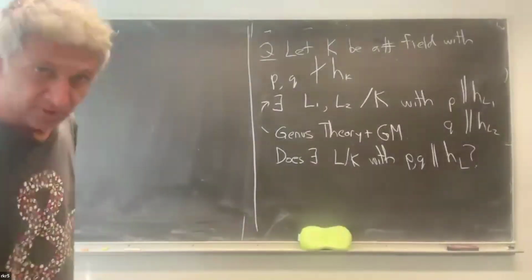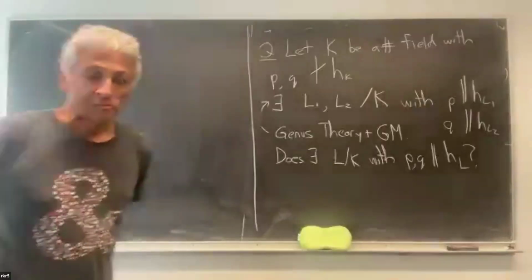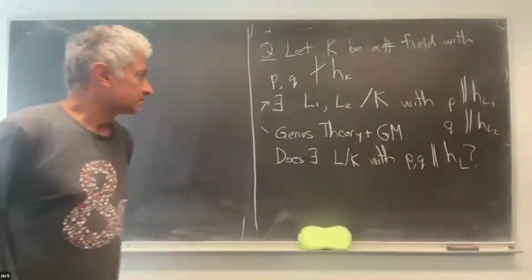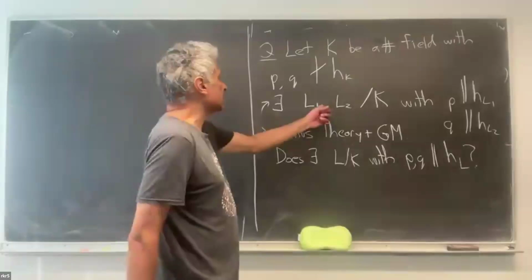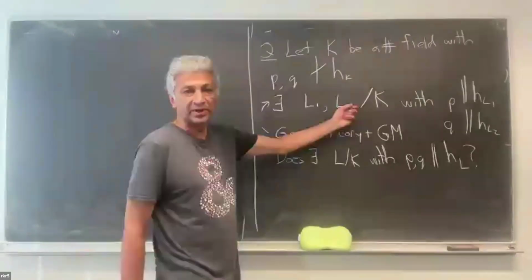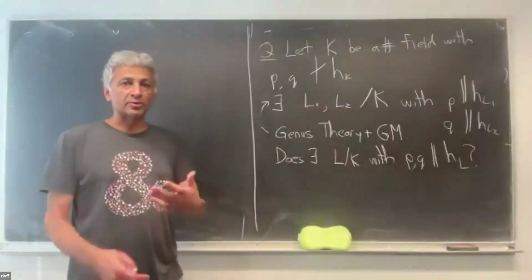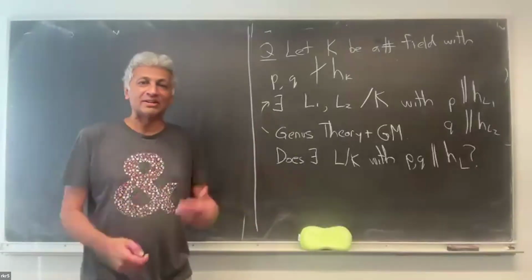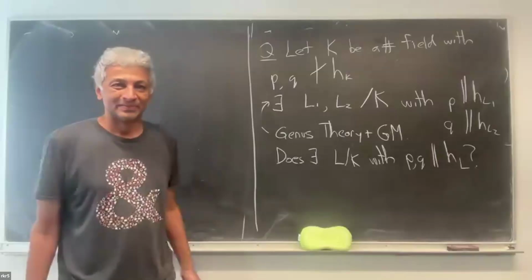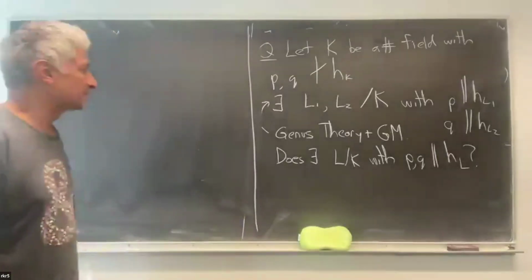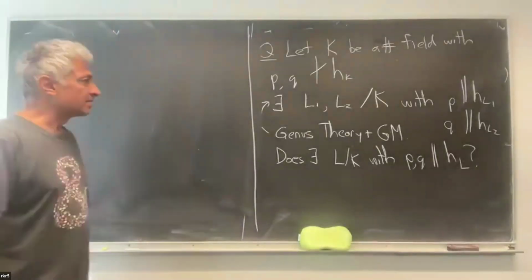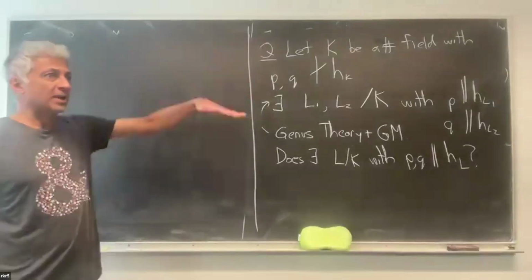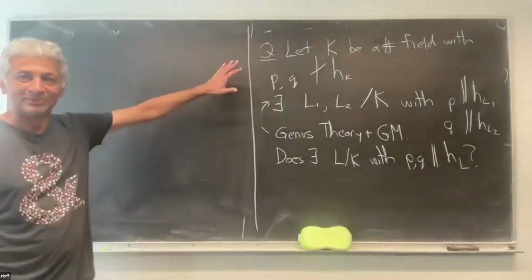Okay. I have a question. Yeah. Do you have information about the degrees of L1 and L2? Yeah, you can make this degree p and this degree q. Just like you can create a quadratic extension of Q with class number exactly divisible by 2. Mm-hmm. I see. Okay. That really is, if I break it into steps, it's a hard homework problem.